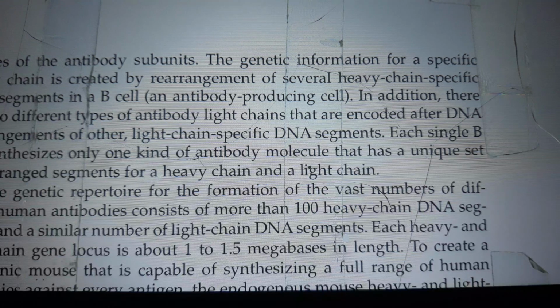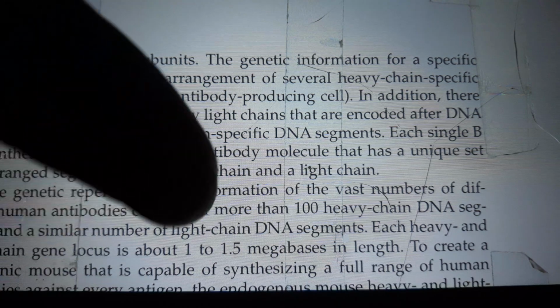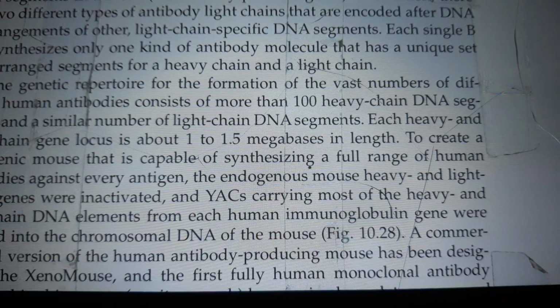The genetic information for a specific heavy chain is created by rearrangement of several heavy chain specific DNA segments in a B cell, an antibody producing cell. In addition, there are two different types of antibody light chains that are encoded after DNA rearrangements of other light chain specific DNA segments. Each single B cell synthesizes only one kind of antibody molecule that has a unique set of rearranged segments for a heavy chain and a light chain.